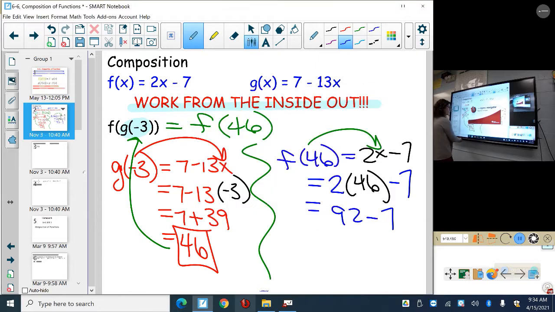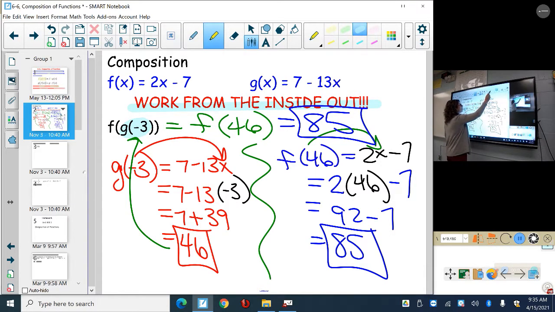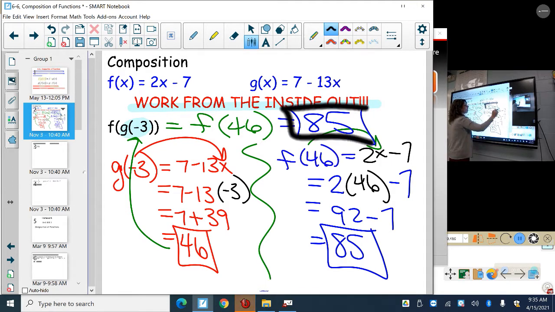And then you're going to simply take 92 minus 7 to give you an 85. That means f at 46 is 85, which means this answer is 85, which means my final answer to this entire problem, f at g at -3, is 85.